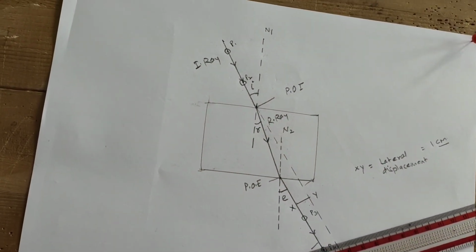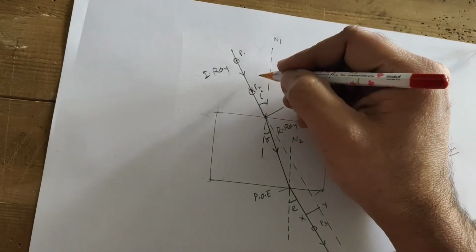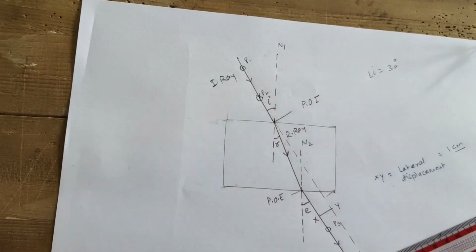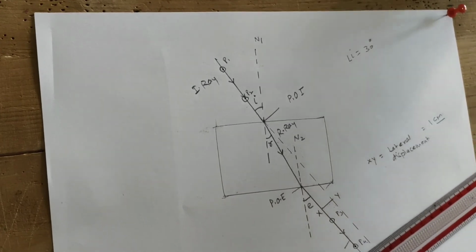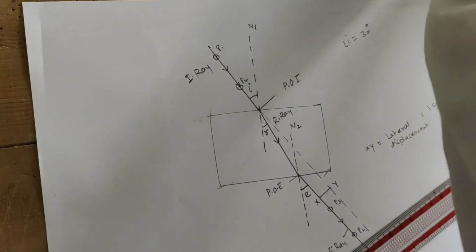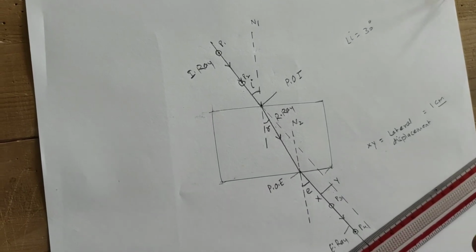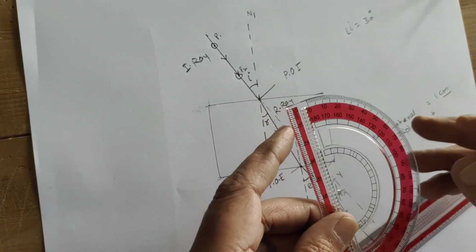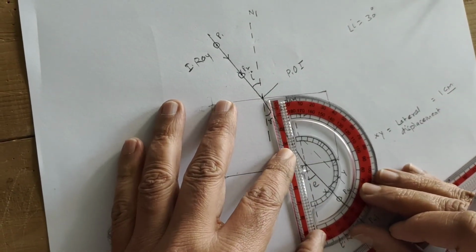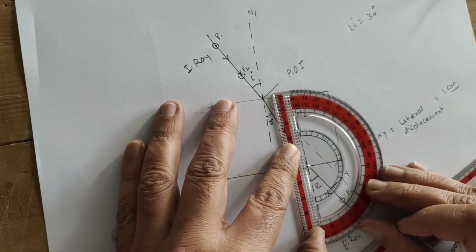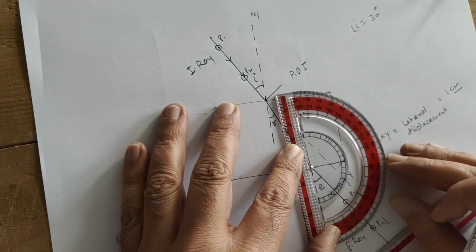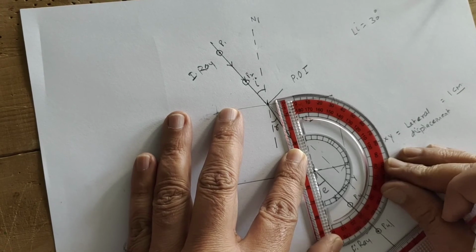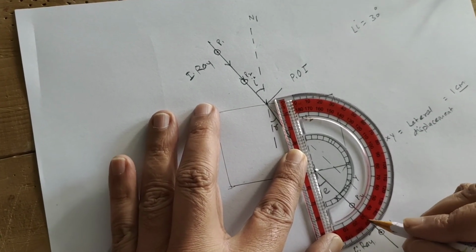Now we are going to measure the angle of emergence. Angle I we had taken 30 degree. Now our angle of emergence should also be 30 degree. Look, this is 30 degree.